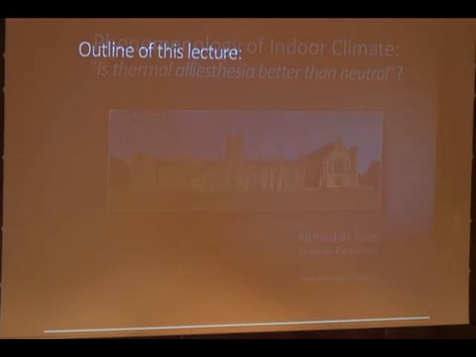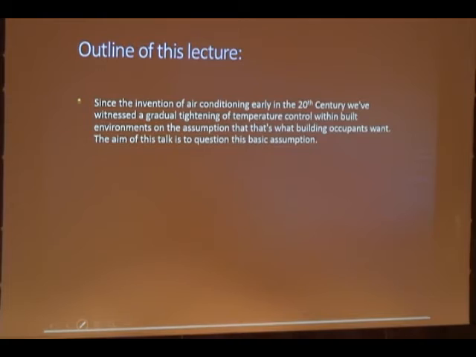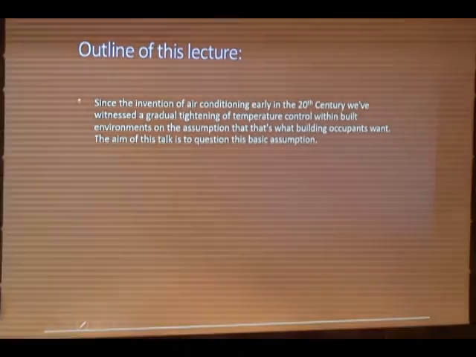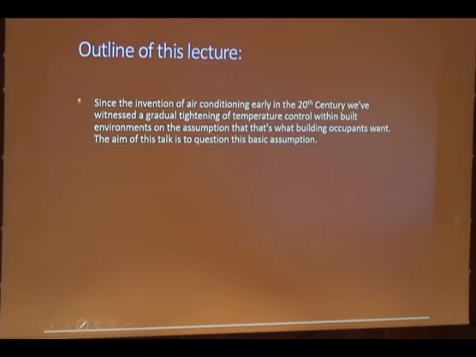To go forward. Okay. So an outline of this lecture in the next 30 minutes. I'll spend the first part of it having a look back over the history of thermal comfort and how air conditioning has been applied to that problem.